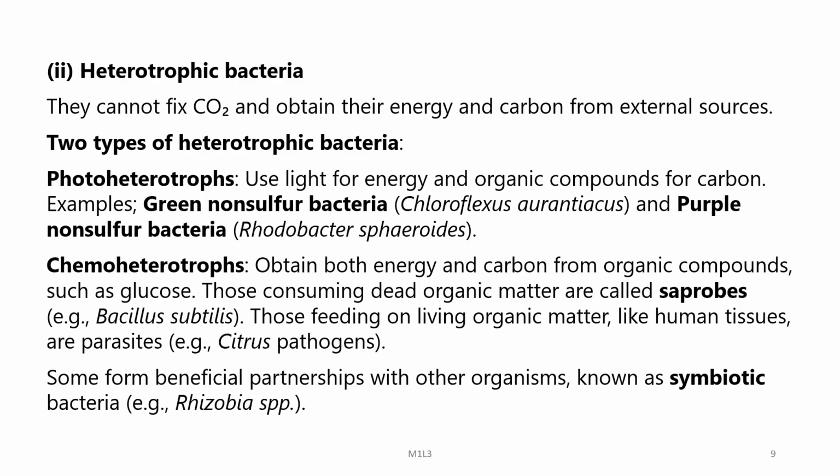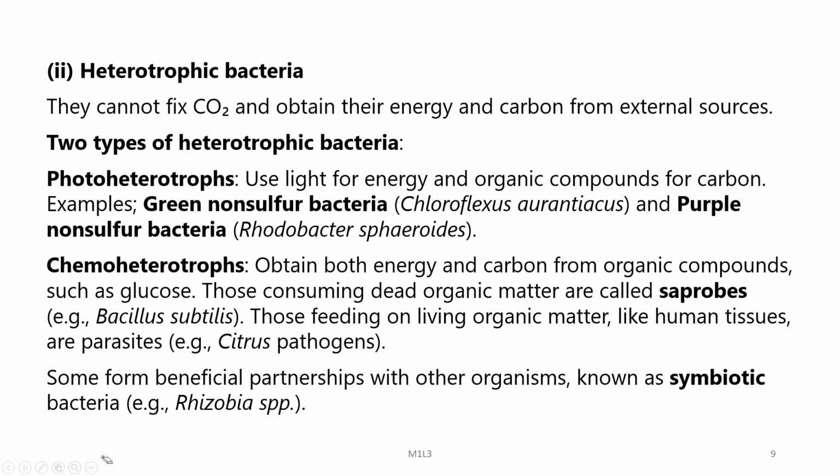Then another class of heterotrophic bacteria are the chemoheterotrophs. The chemoheterotrophs obtain both energy and carbon from organic compounds such as glucose.